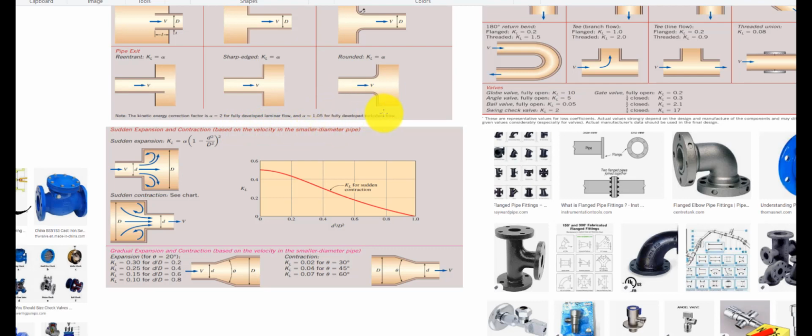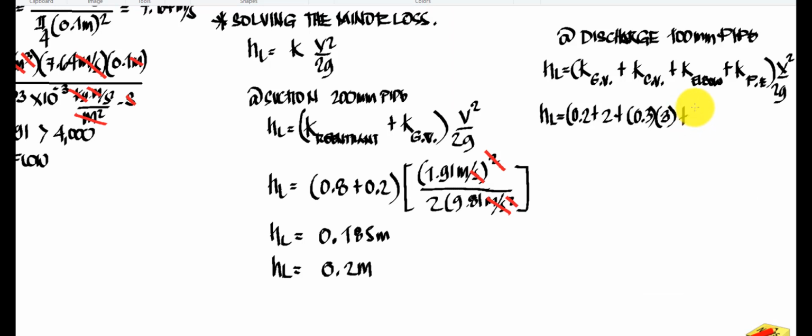Since we are in a turbulent flow, so we'll be using 1.05. So plus 1.05. Changing this one into a bracket.